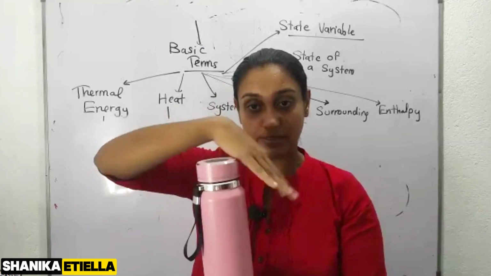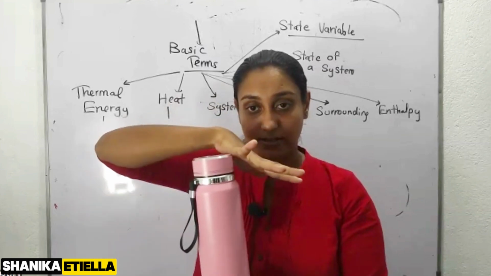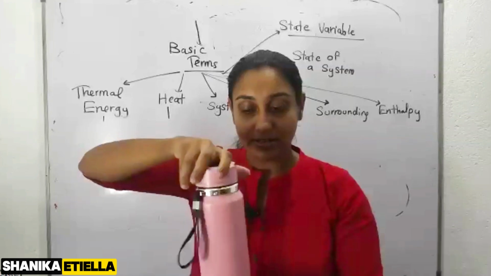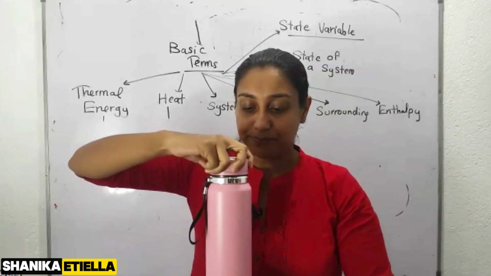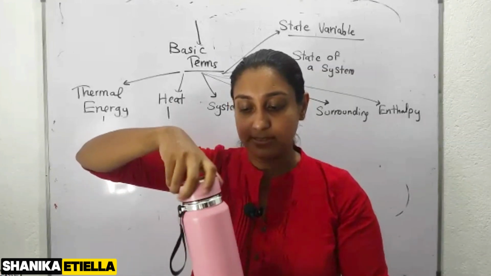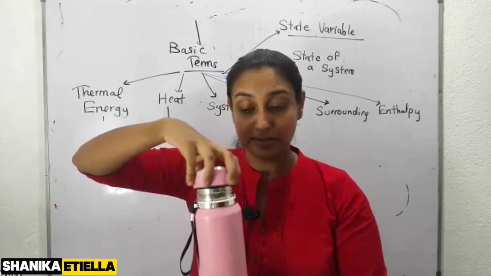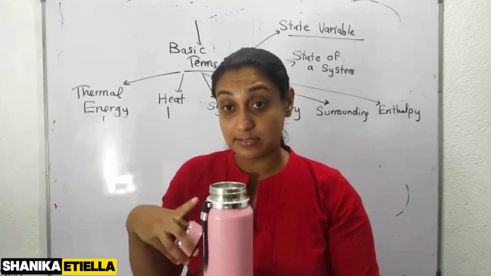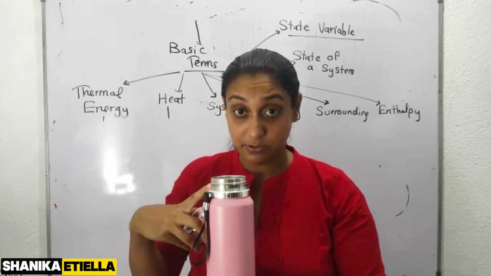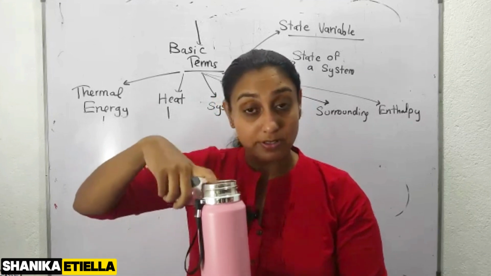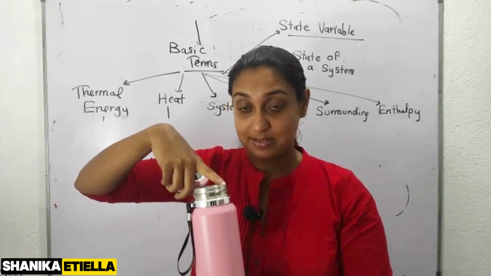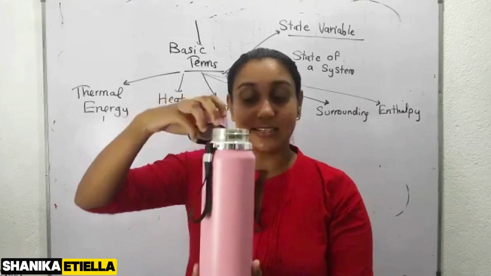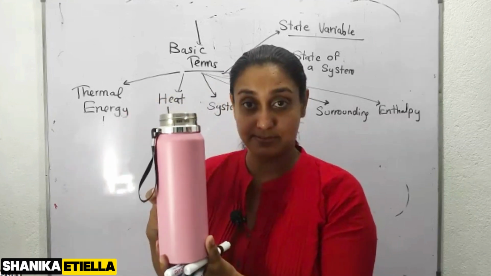Then the wall of the system, whether a metal, glass or plastic water bottle, is called boundary. So this is one type of particular system.